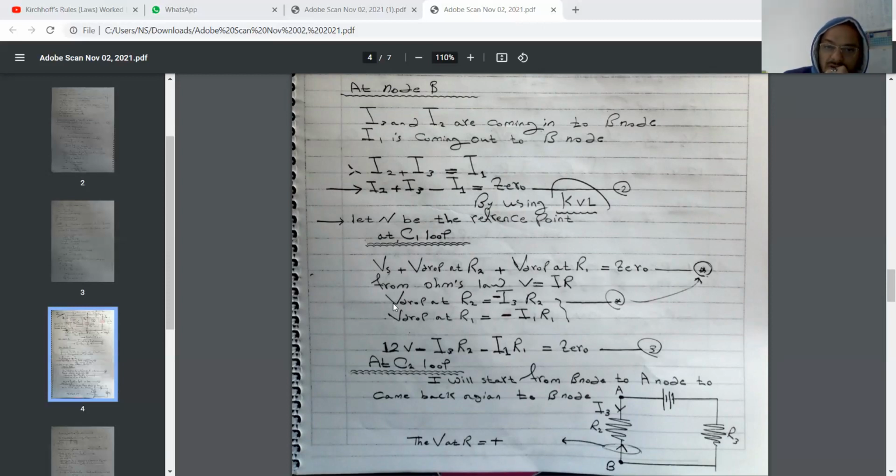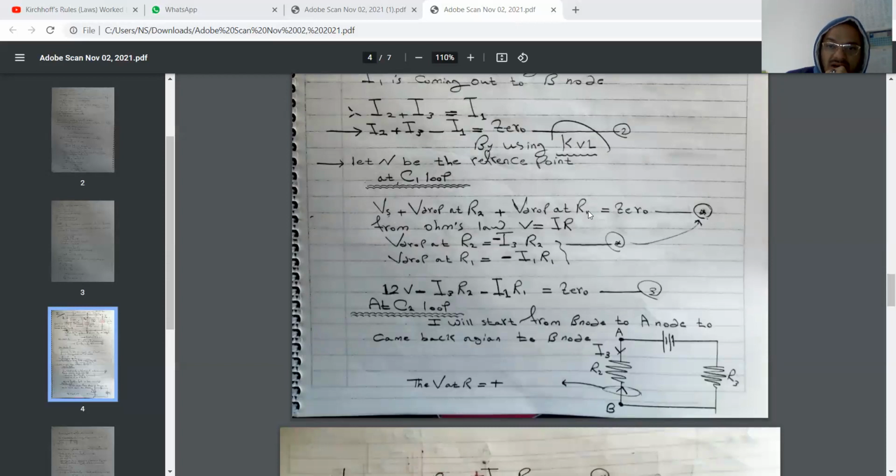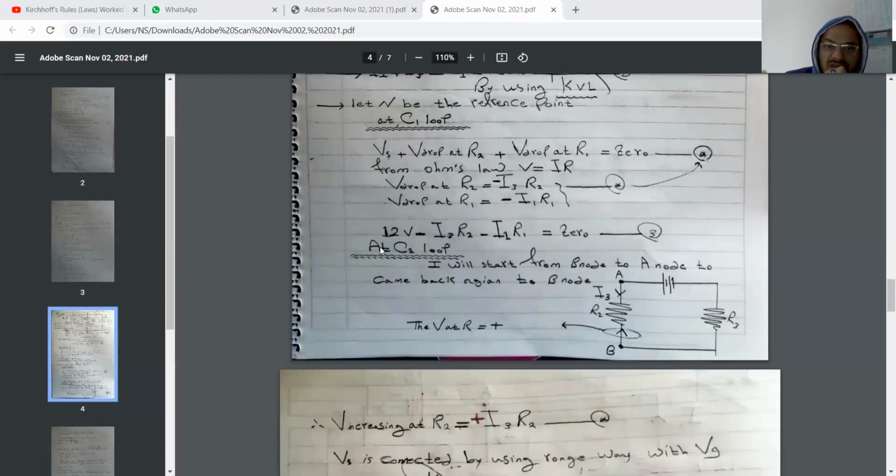From Ohm's law, the V drop at R2, because it is a drop, means minus I3 R2, and the V drop at R1 equals minus I1 R1. Now let's put all of them into the general equation for the C1 loop. That means 12 volt minus I3 R2 minus I1 R1 equals 0. Let's name this equation number 3.